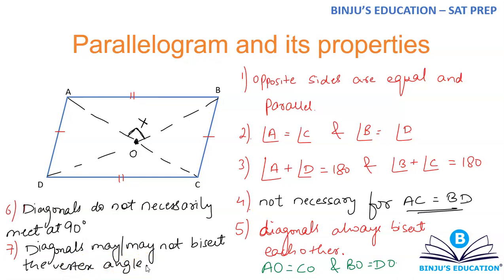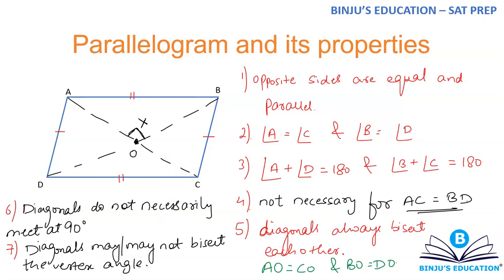Diagonals may not bisect the vertex angle. Again, it depends upon the type of parallelogram that you have. In case of a rhombus and in case of a square, they do bisect. But in case of a rectangle, diagonals may or may not bisect.